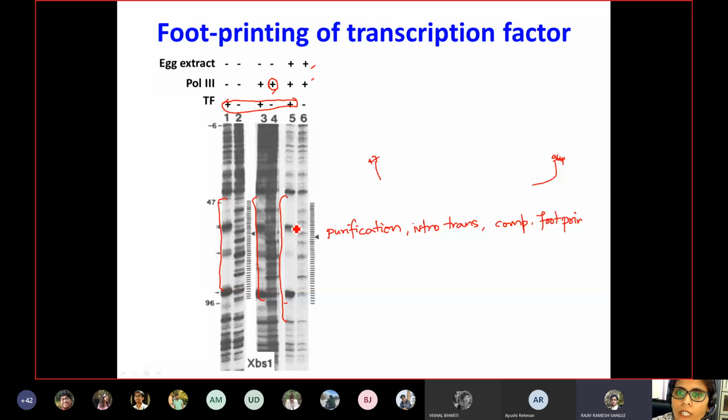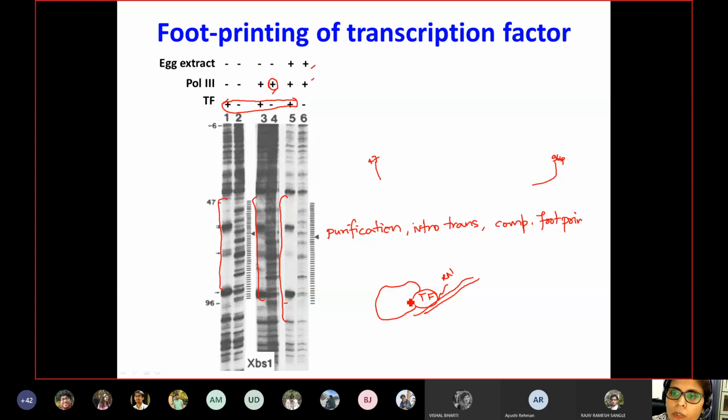So polymerase will give you some kind of RNA synthesis, but that is not very specific. The transcription factor forms the binding with your DNA, and this is the one factor which brings your RNA polymerase to this DNA for the specific start of your RNA synthesis.